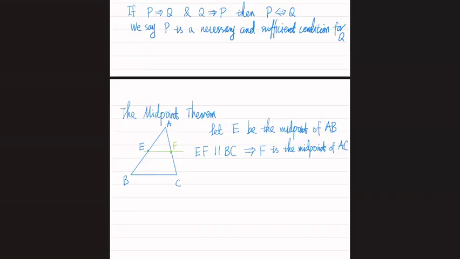The other way, we also proved that if F is the midpoint of AC, then EF is parallel to BC. The proof is by contraposition. So now we can combine the two statements into one statement, the new midpoint theorem.